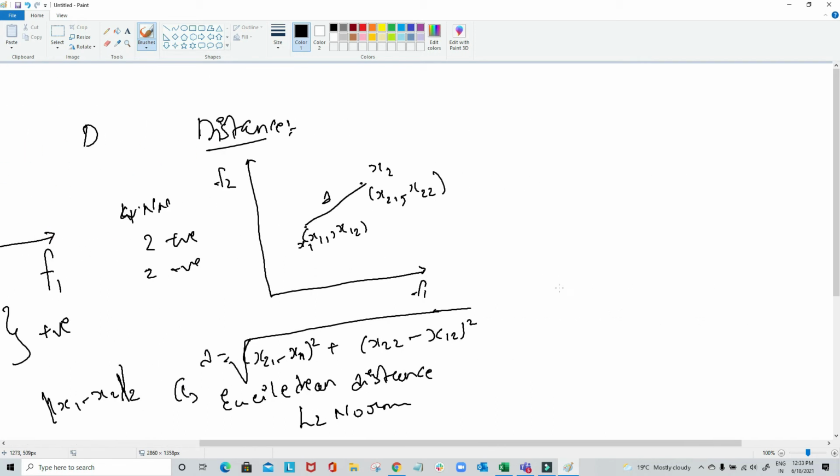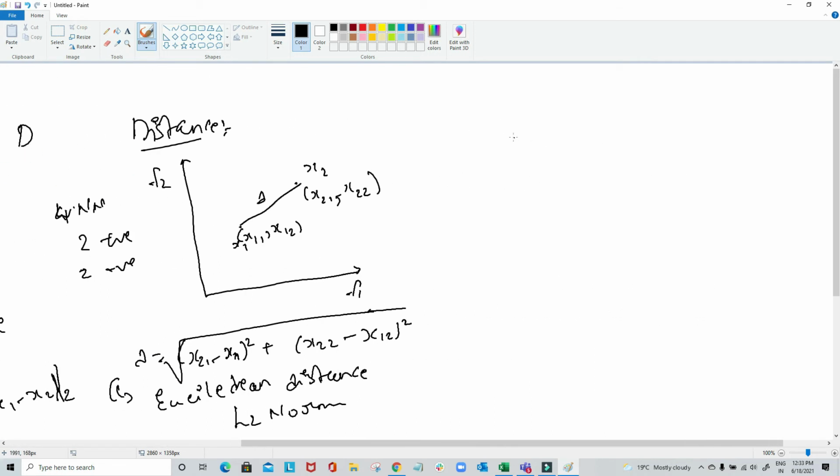Another way of distance measurement is something called the Manhattan distance. What Manhattan distance states is it is the absolute value of distances between two data points, and this is represented as an L1 norm.